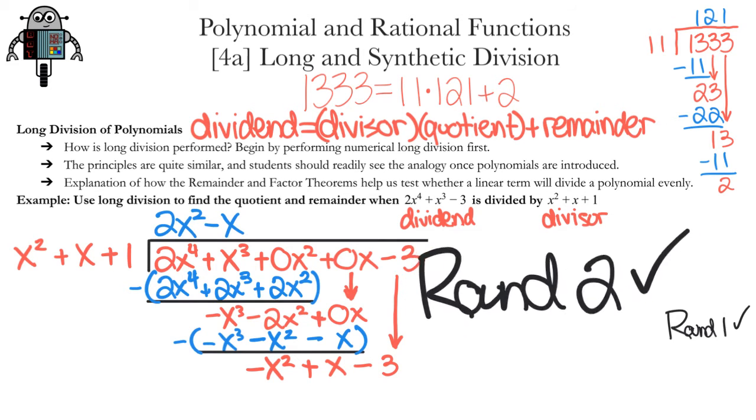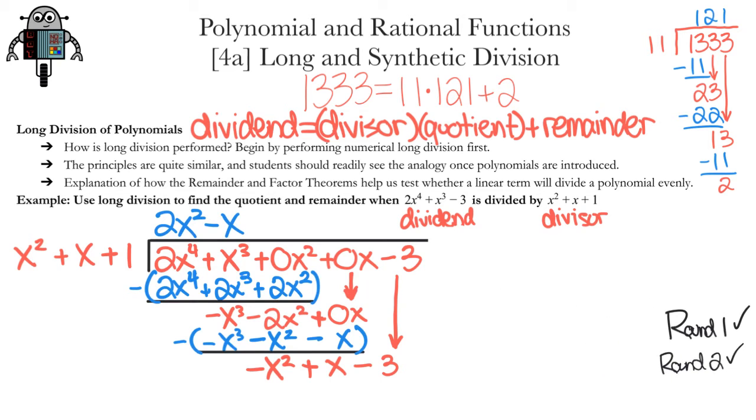We have one more. Okay, round 3. What do we have to multiply x squared by to get to negative x squared? That is negative 1. So negative 1 times x squared plus x plus 1 is negative x squared minus x minus 1.